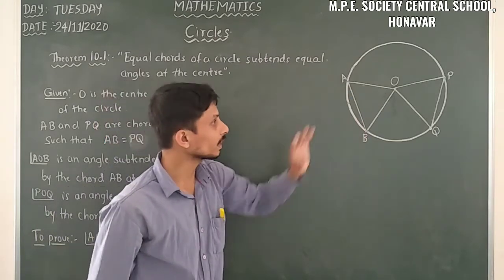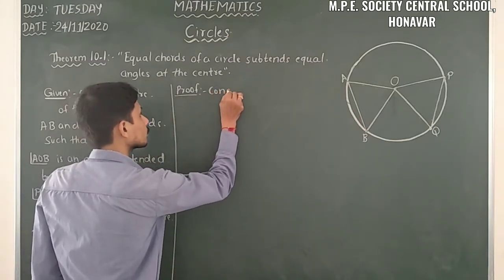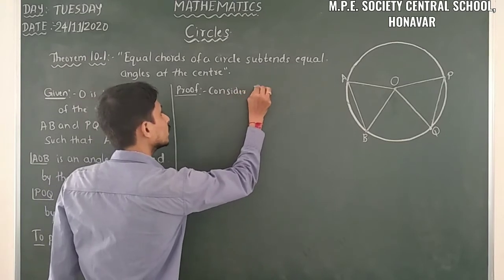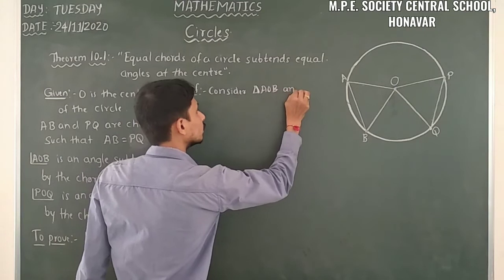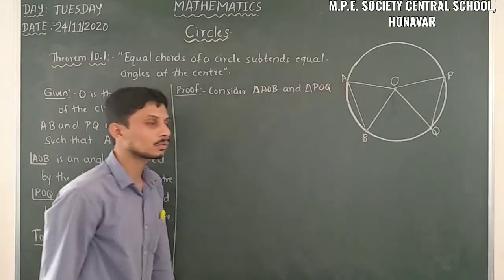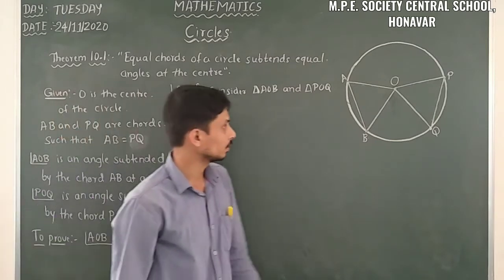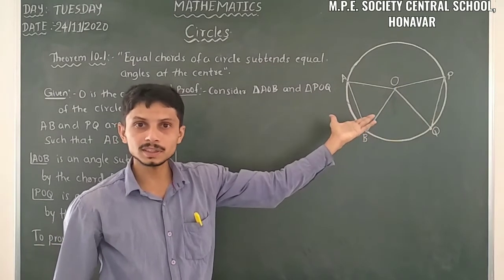So consider triangle AOB and triangle POQ. In that, what are the equal things we have here? Here OA is equal to OP because they are radii of the circle.